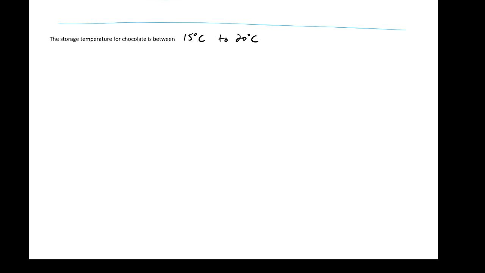And we are now going to write an inequality for the storage temperature in degrees Fahrenheit. So we have to go back to that infamous conversion that we've used before.